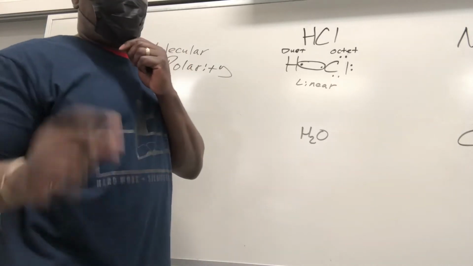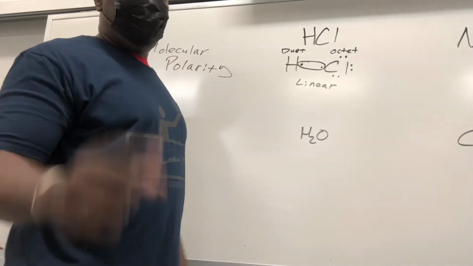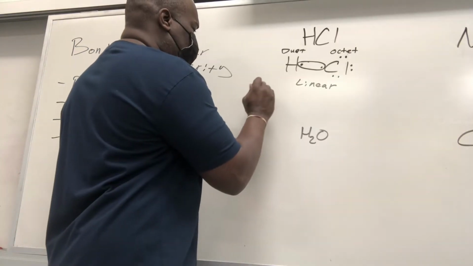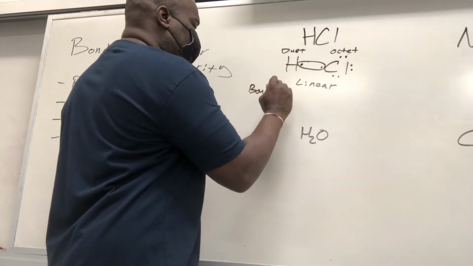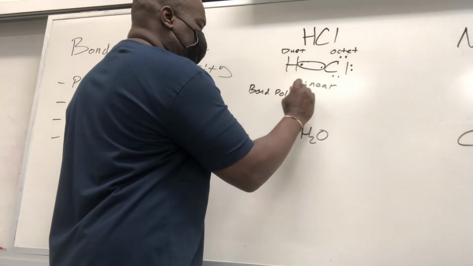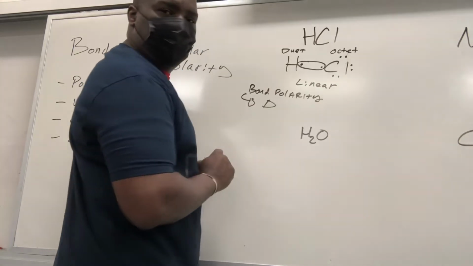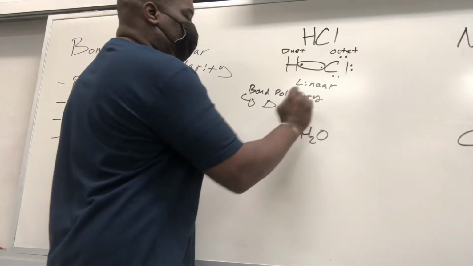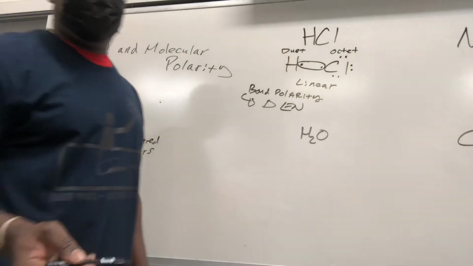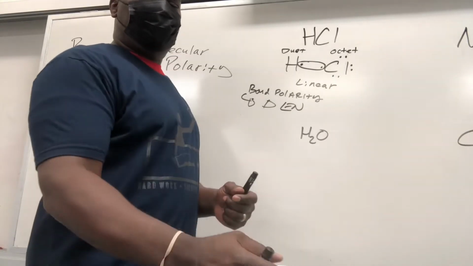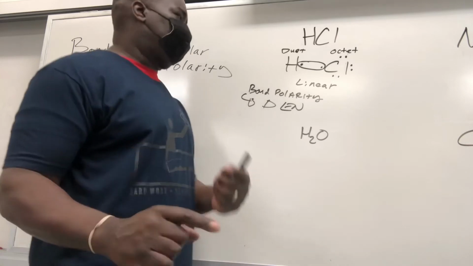Now, in terms of polarity, let's look at bond polarity first. In terms of bond polarity, you have to look at the difference, delta, in electronegativity. Very, very important, right? And very simple, because all you need to do is just open up your reference table. The electronegativity values for the atoms are there.